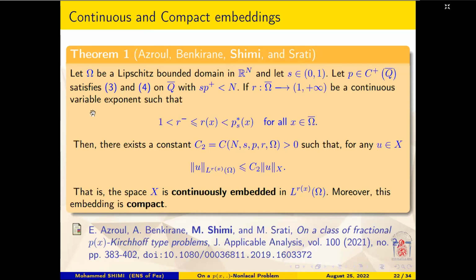If we assume always that Ω is a Lipschitz bounded domain, s belongs to (0, 1), p is a continuous variable exponent which satisfies assumptions 3 and 4, and r is a continuous variable exponent satisfying this inequality, then the space X is continuously embedded in L^{r(x)}(Ω). Moreover, this embedding is compact.